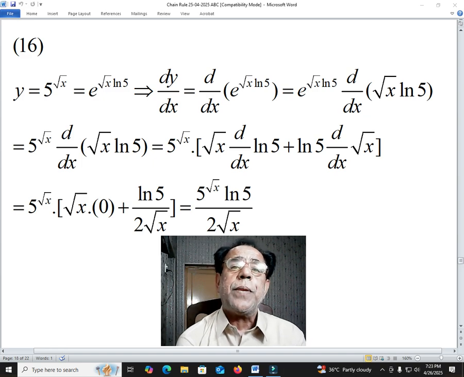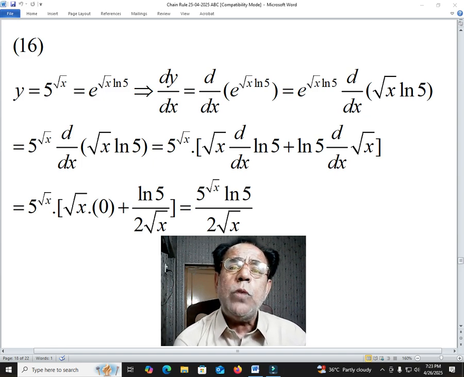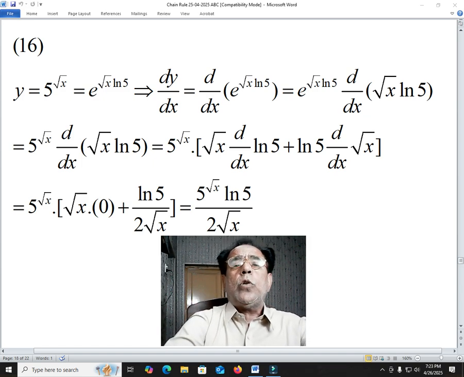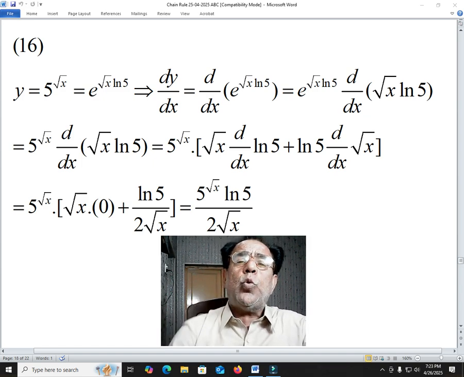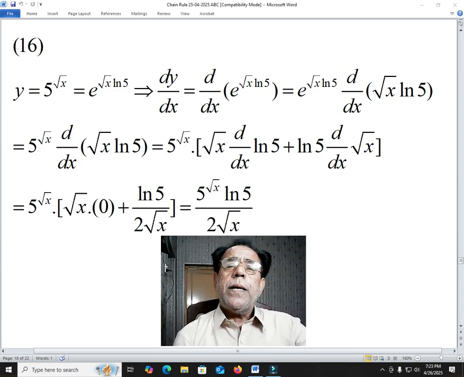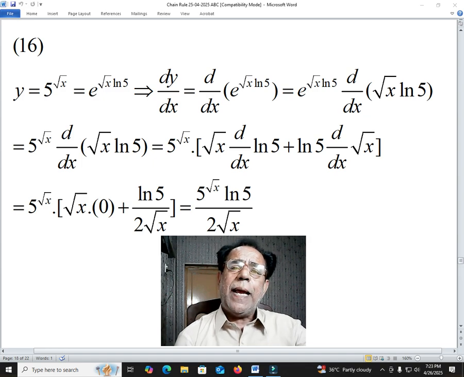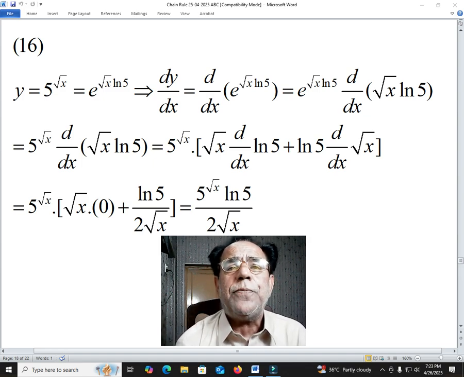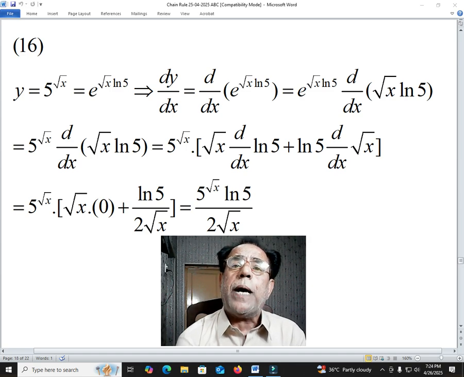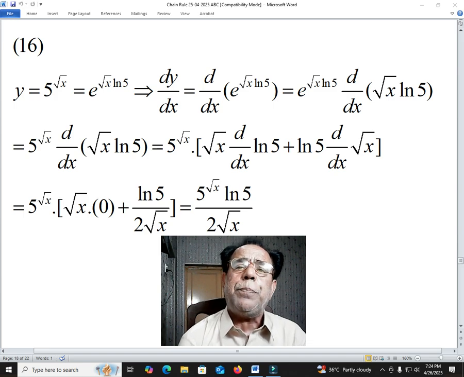Here power rule will apply, and root x is equal to x raised to power 1 by 2. So 1 by 2 will become a multiplying factor, and power will be reduced by 1. That is 1 by 2 minus 1 equal to minus 1 by 2. And power minus 1 by 2 when shifted to denominator it will become plus 1 by 2.